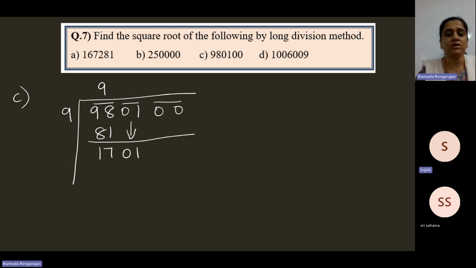0, 1 comes down. Double the quotient. Whatever digit you place here, you must place the same digit here. So tell me the digit to be placed here, Srijit. Ma'am, 9.